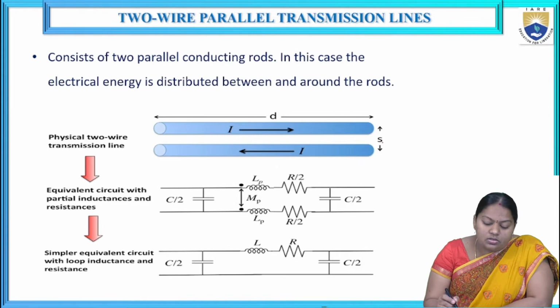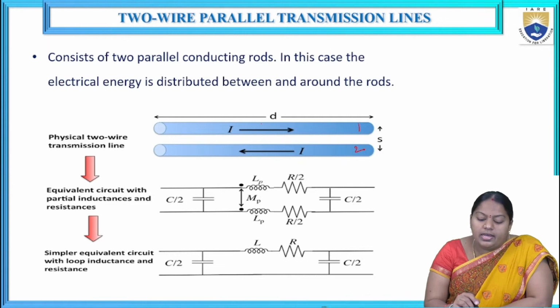Basically it consists of a physical connection, these two conductors 1 and 2. If in conductor 1 the current direction is like this, in conductor 2 the current direction will be opposite to the first. The distance between them is given here as d, and these two are separated by a small dielectric material, epsilon.